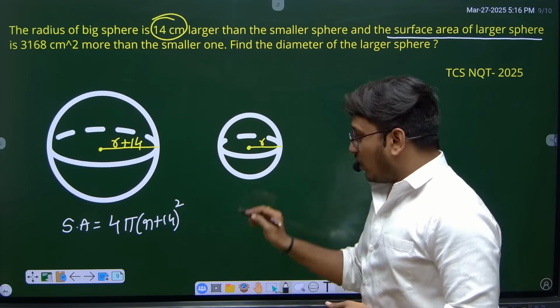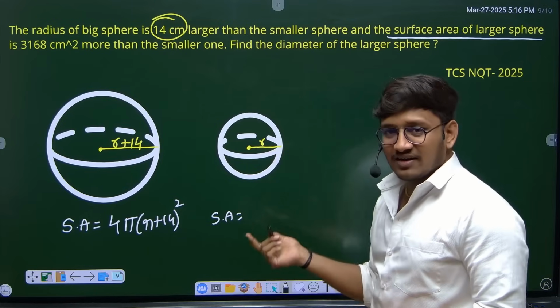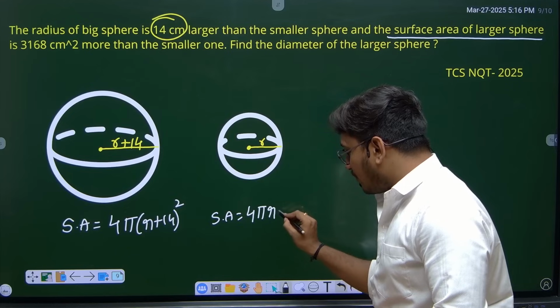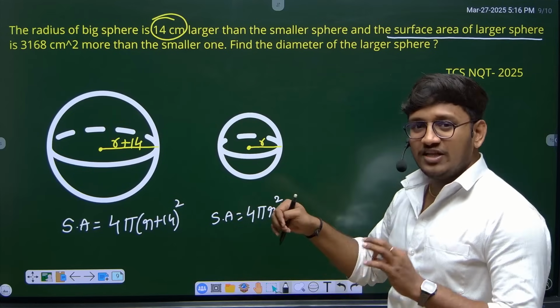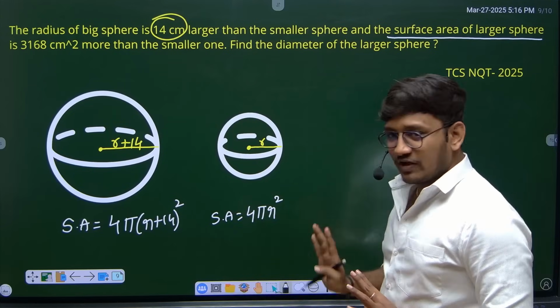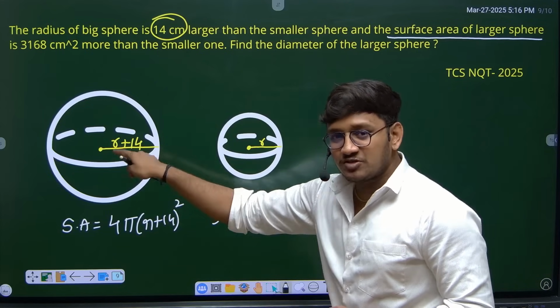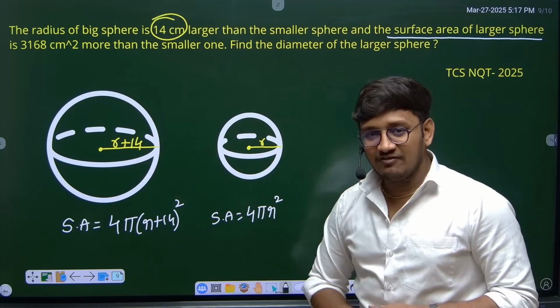Now what is the surface area of the smaller sphere? Anyhow, we consider the radius is r, so I can directly write the same formula, 4 pi r square. Actually the surface area of any sphere is 4 pi r square, but I have taken r plus 14 for the bigger sphere because its radius is 14 centimeters more than the smaller sphere. That's what the question gave.